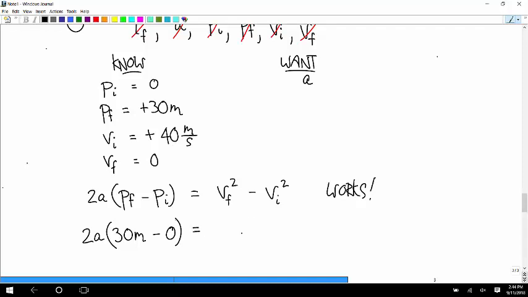And that's equal to the velocity final squared. You don't have to put units on zeros. I'm just leaving zeros as zeros. Minus the initial velocity of 40 meters per second, squared.